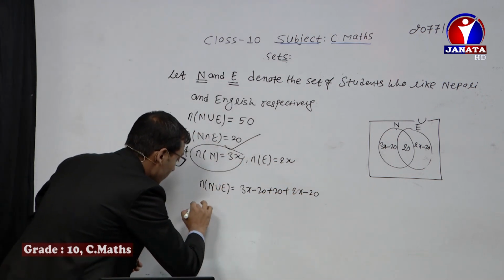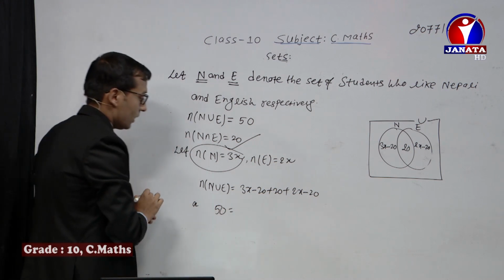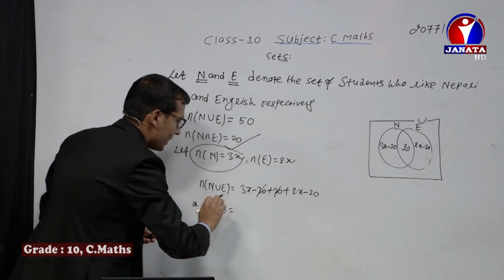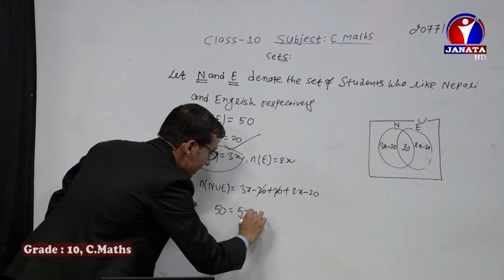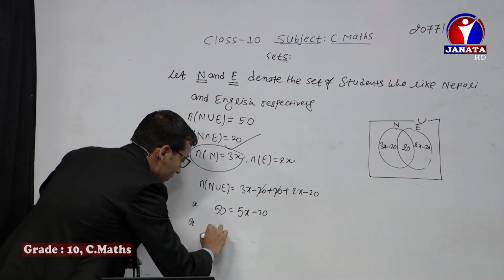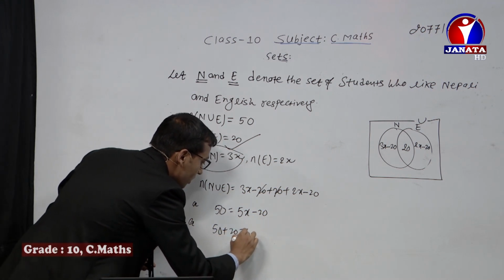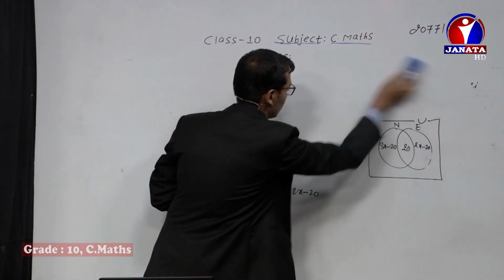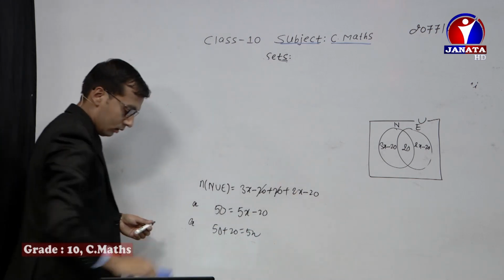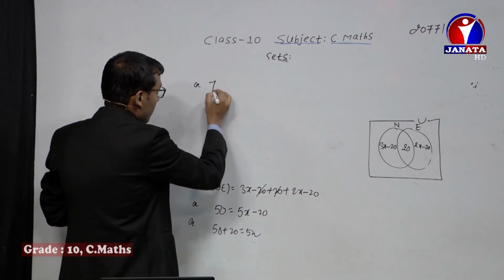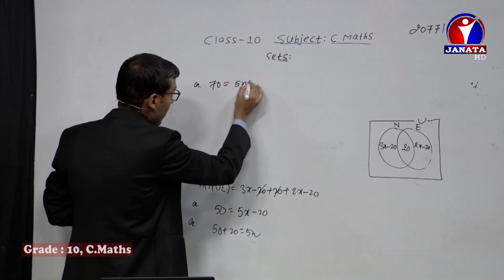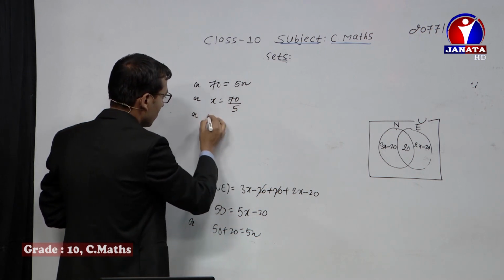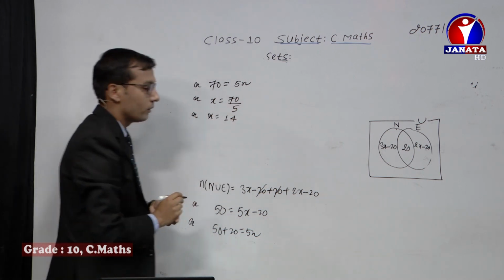So n(N union E) is 50, equal to 3x plus 2x minus 20, as negative 20 and positive 20 cancel out. So 5x minus 20, or 50 plus 20 is 5x. So 70 is 5x, so x is 70 over 5, x is equal to 14.